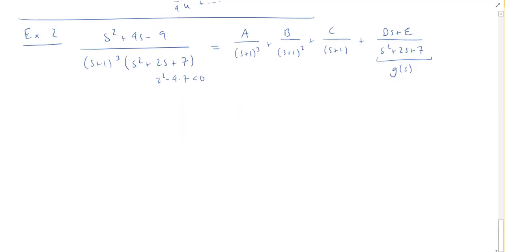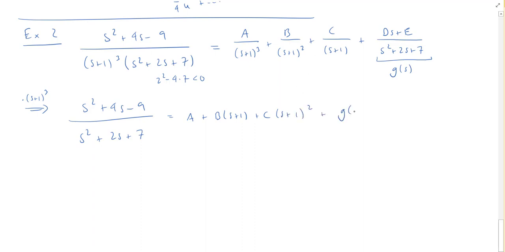Okay, so I'm going to play this same game where I'm just going to multiply through by (s+1)^3. So when I do that, I have (s squared plus 4s minus 9) over (s squared plus 2s plus 7), and on the right-hand side, I'll have a plus b(s+1) plus c(s+1)^2 plus, okay, now I have this g of s.